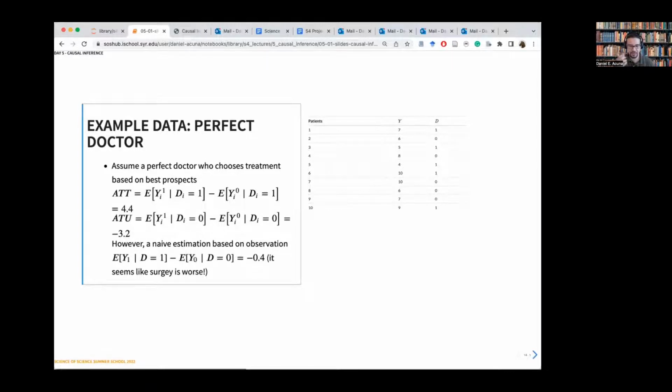Someone within themselves would respond better to a treatment, but if you look across the entire population, it seems that the effect is not there. This is really hard to get rid of because, again, you cannot observe these quantities. So you have to be very careful in this case.